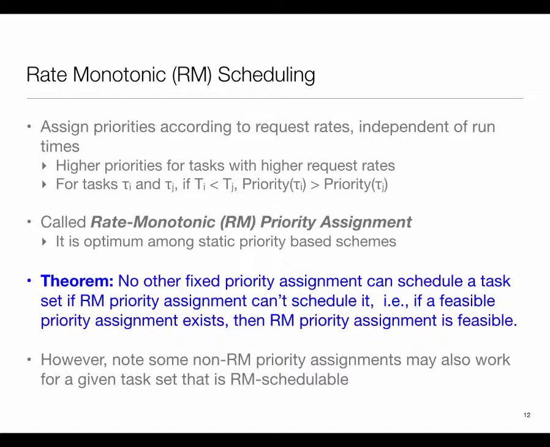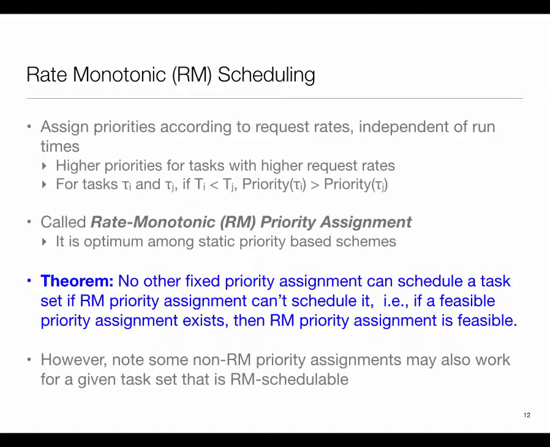Intuitively, there's some appeal to it, but there is a very strong result for rate monotonic priority. It says that if rate monotonic priority assignment cannot schedule a system, then there is no other way of assigning the priorities in a fixed, static way that will ever work.